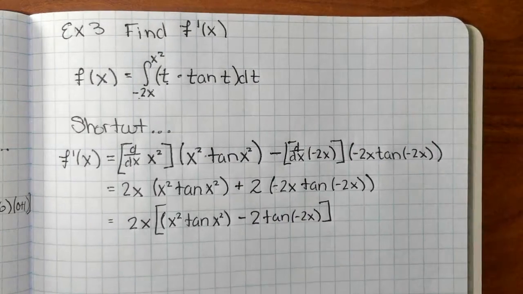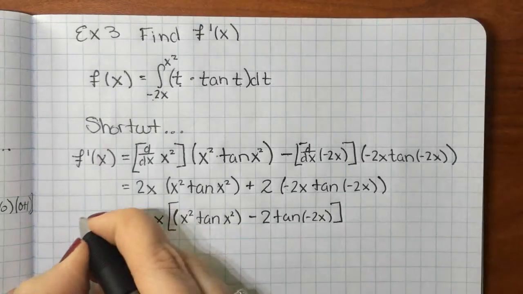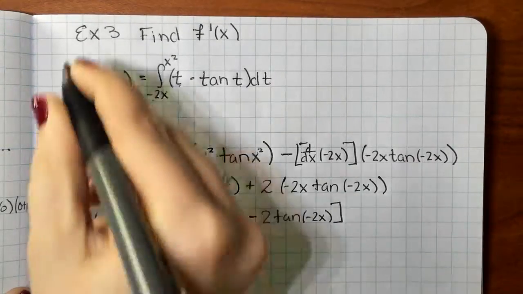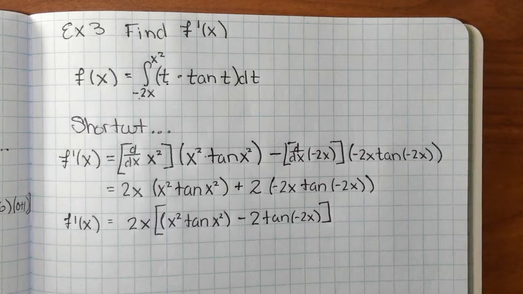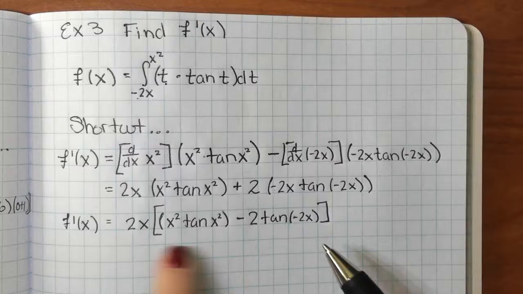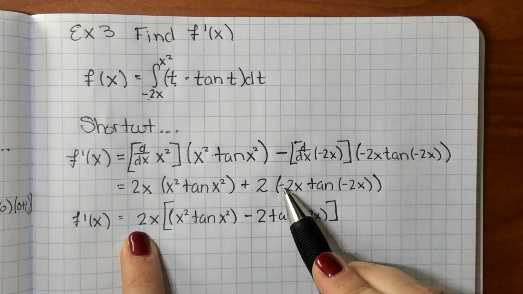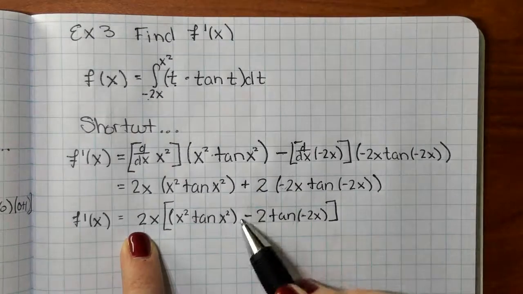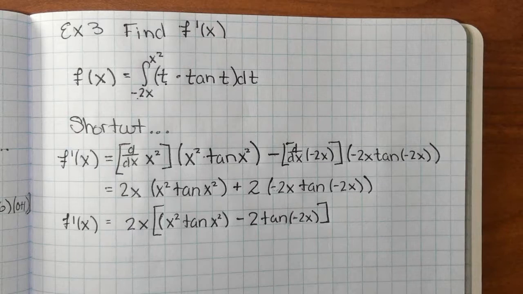And again, this is the derivative of f of x. Wait, why would it be negative 2 if you pull out a positive? If I pull this 2x out, I still have a what here? Oh, that negative with 2 will make a negative. Okay, all right.